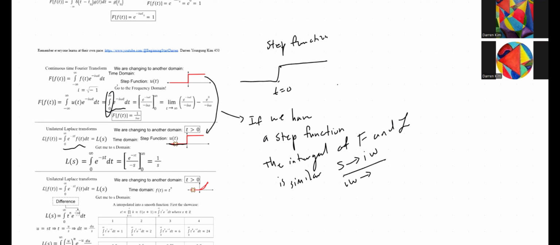So basically, if you look at this final version, you can just switch i omega with s to get the Laplace, and you can switch Laplace by just doing i omega. That's basically what it's saying.